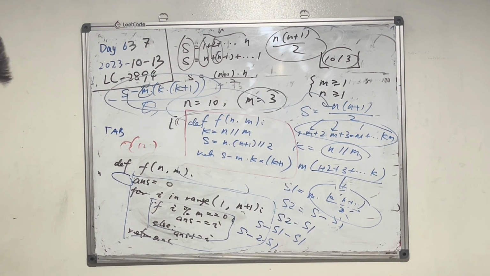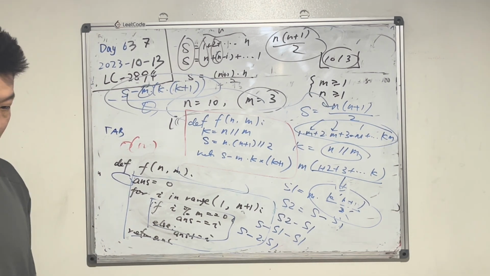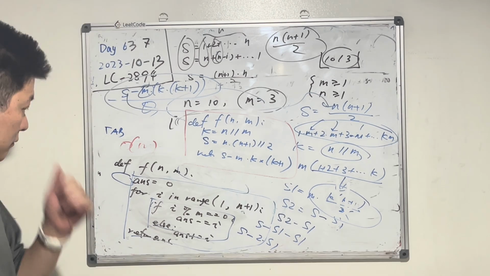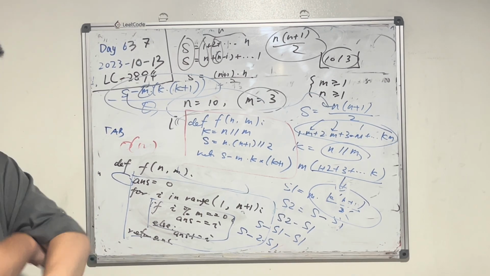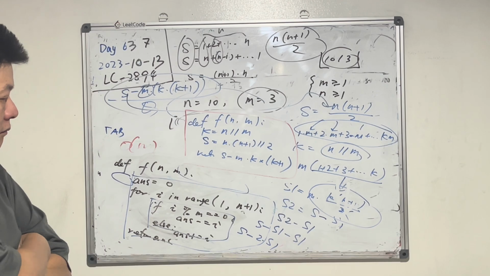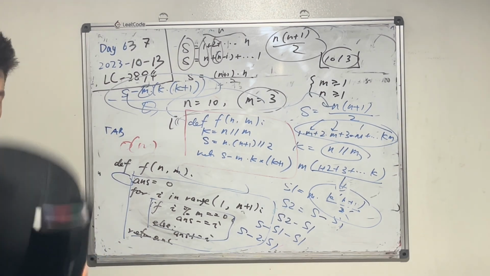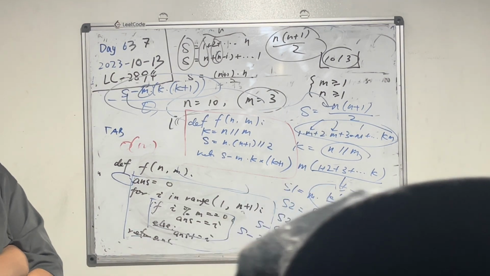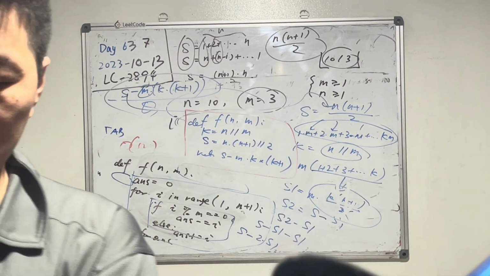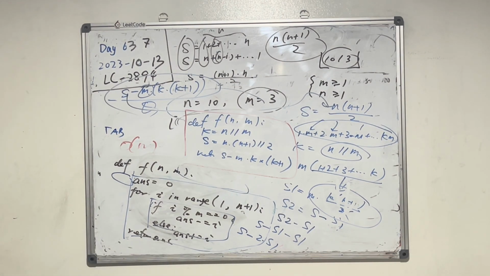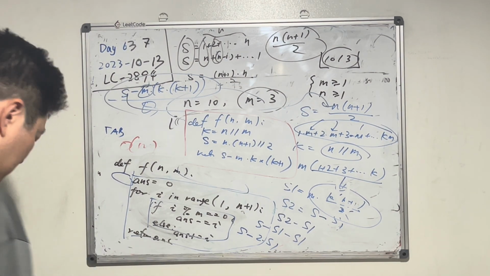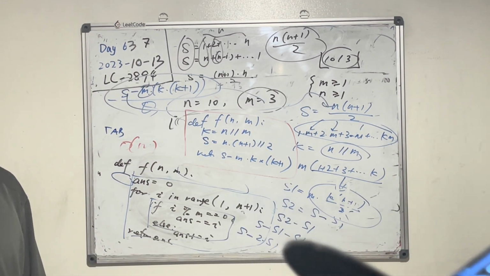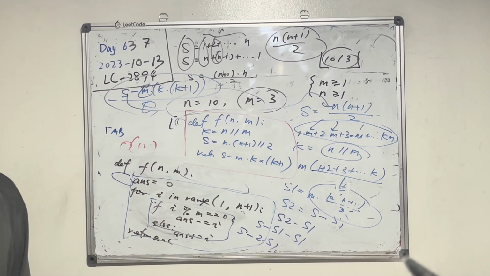We're learning. Okay, so we have this n and m, both must be 1 or greater. We have m and n, and we find the multiples of m.